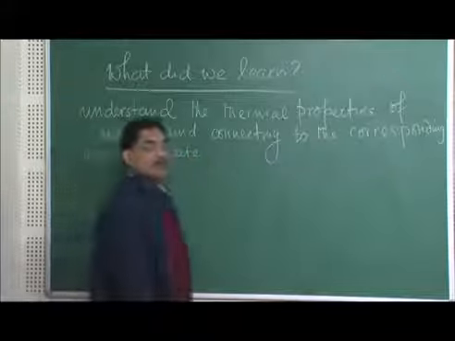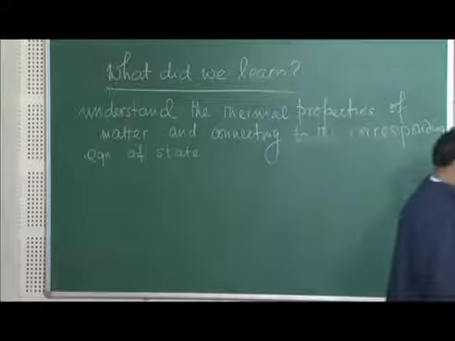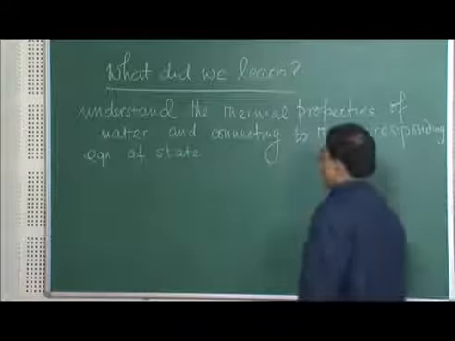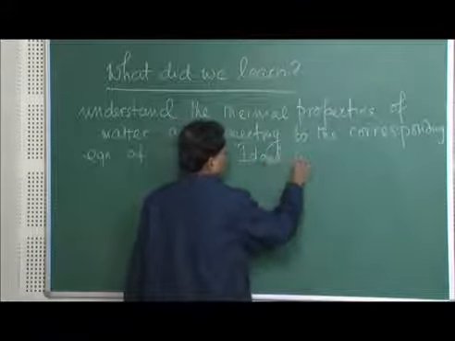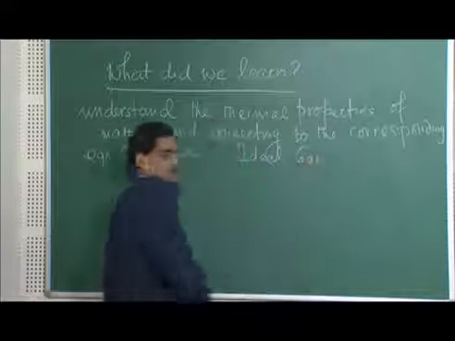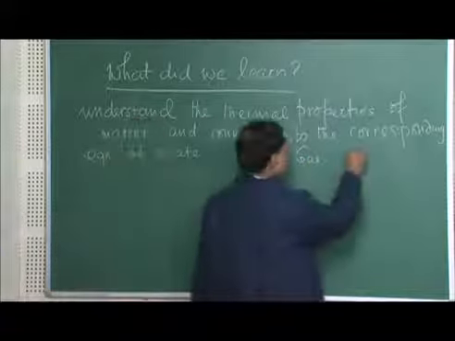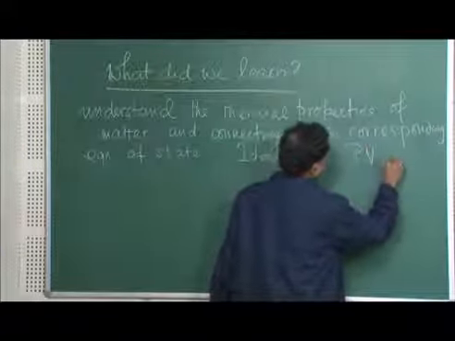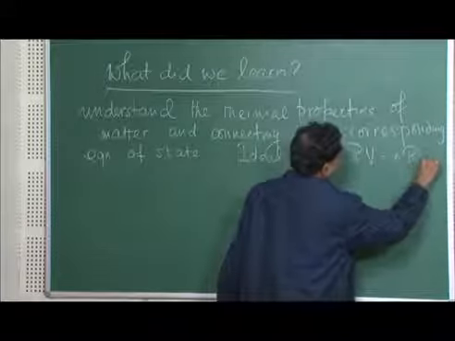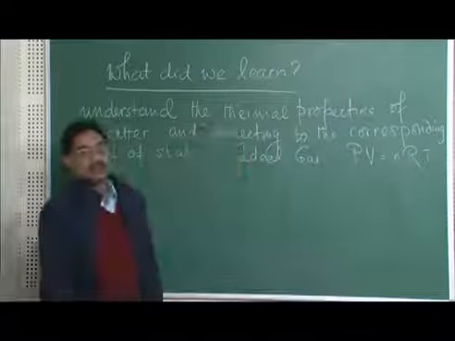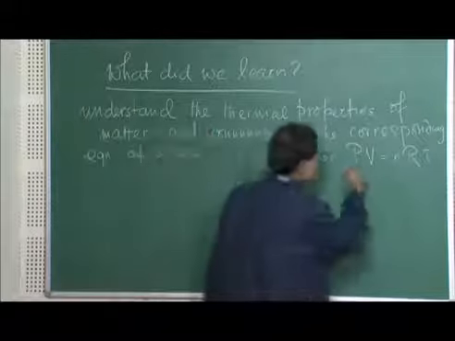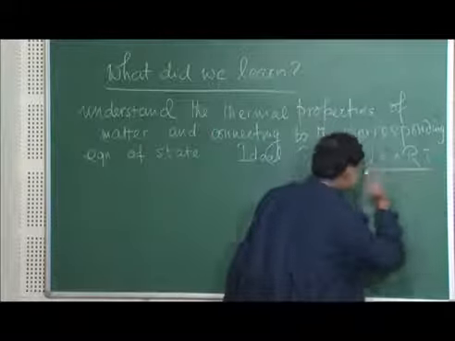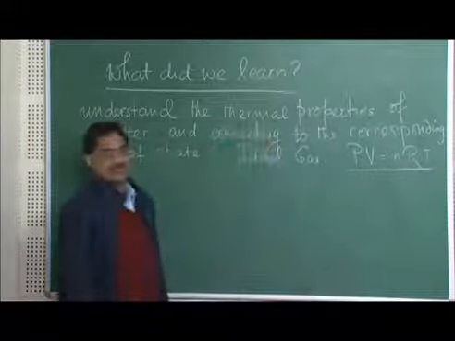What do we mean by equation of state? I told you, let us take an ideal gas. The equation of state for n mole of ideal gas is PV = nRT. So, n mole of ideal gas satisfy this equation of state.